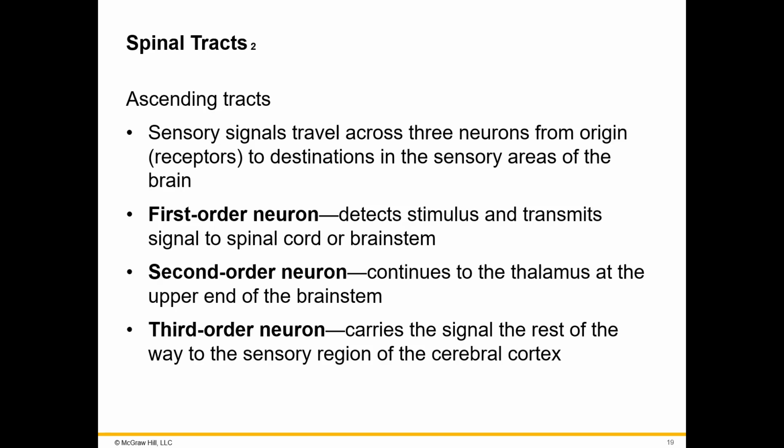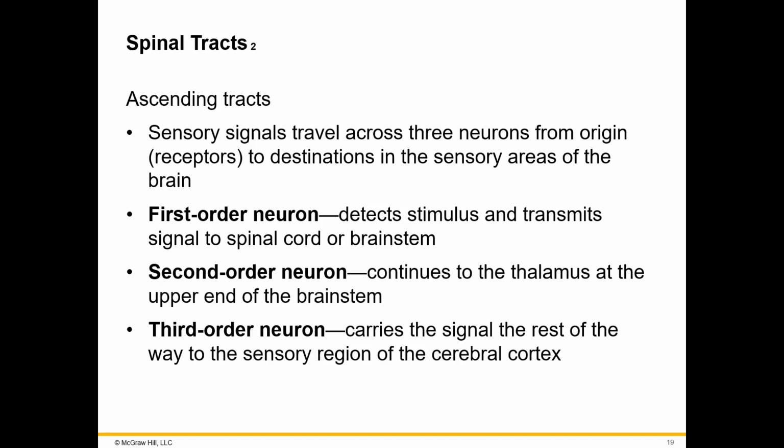This is so important. So first of all, you have your receptor, and we have different kinds. There is chemoreceptor, there is thermoreceptor, there is mechanoreceptor, there is nociceptor, there is osmoreceptor. All of these are going to send their information through a primary first order neuron.